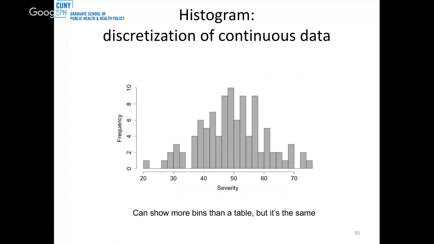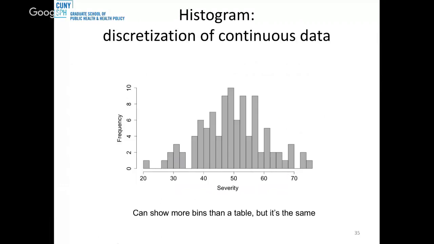So in this example of the pain scale, if we had pain measured on a scale of 0 to 100, I have binned them here into, see, there are 4 bins for every 10, so this is about a width of 2.5 on this pain scale.